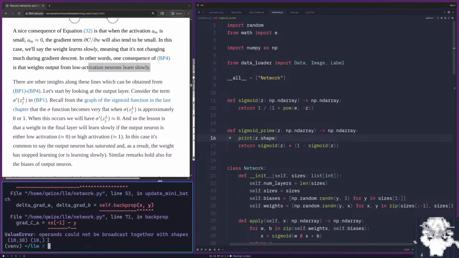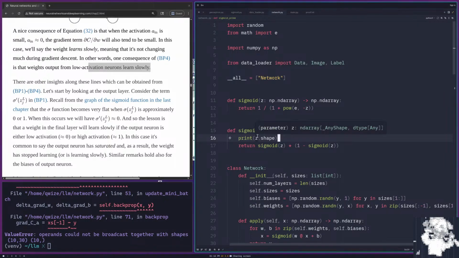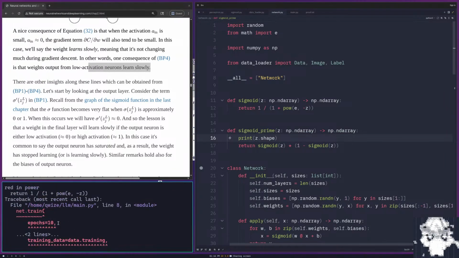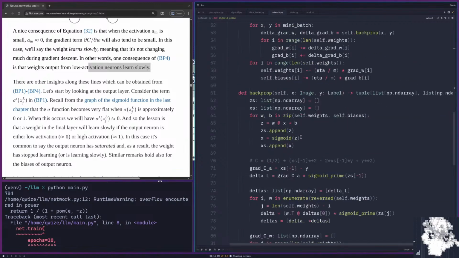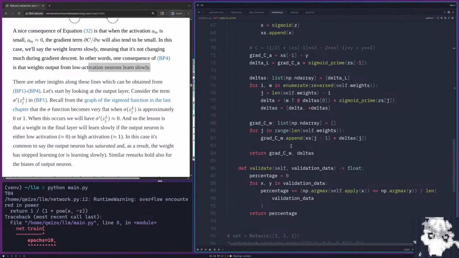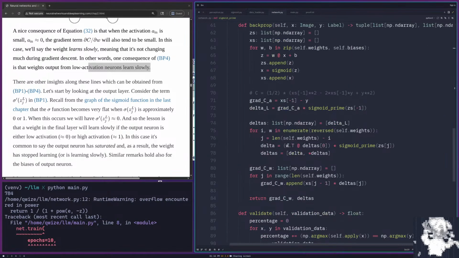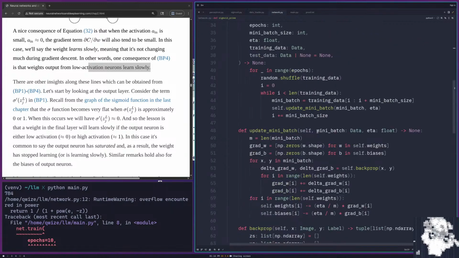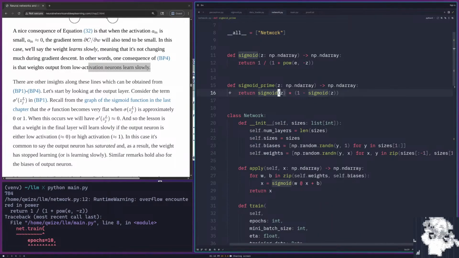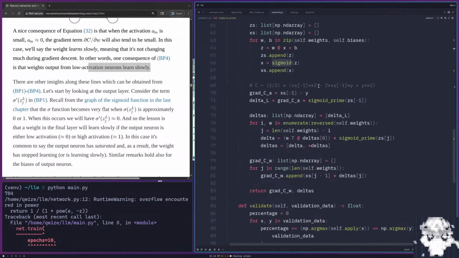Somehow it never printed z.shape, did it? How did it never print z.shape? Oh, because sigmoid prime happens right after, not right before. Okay.